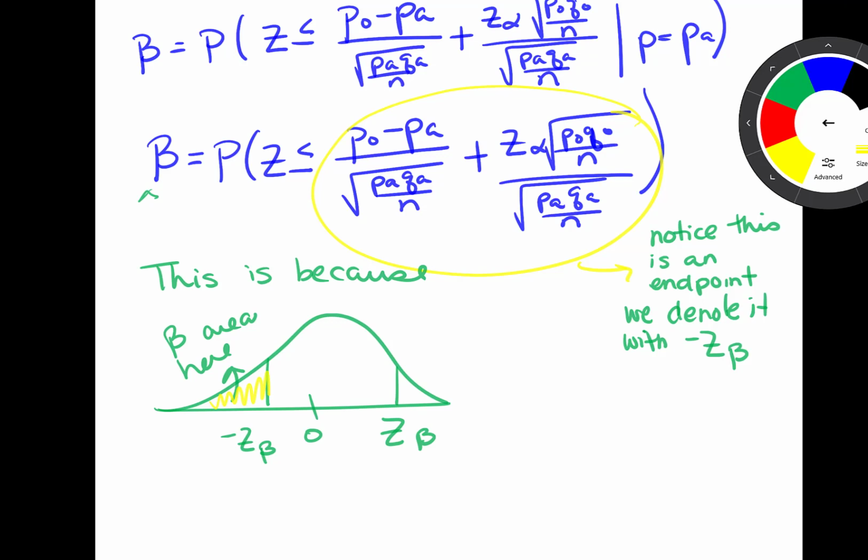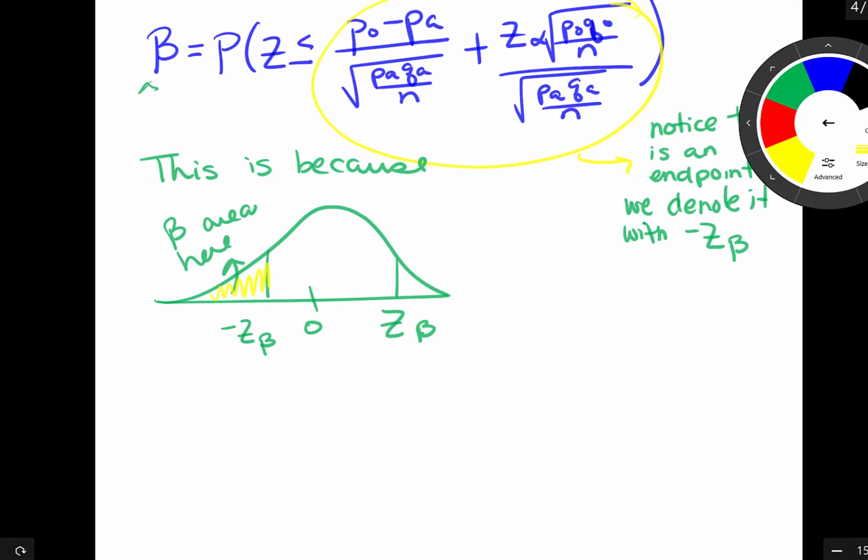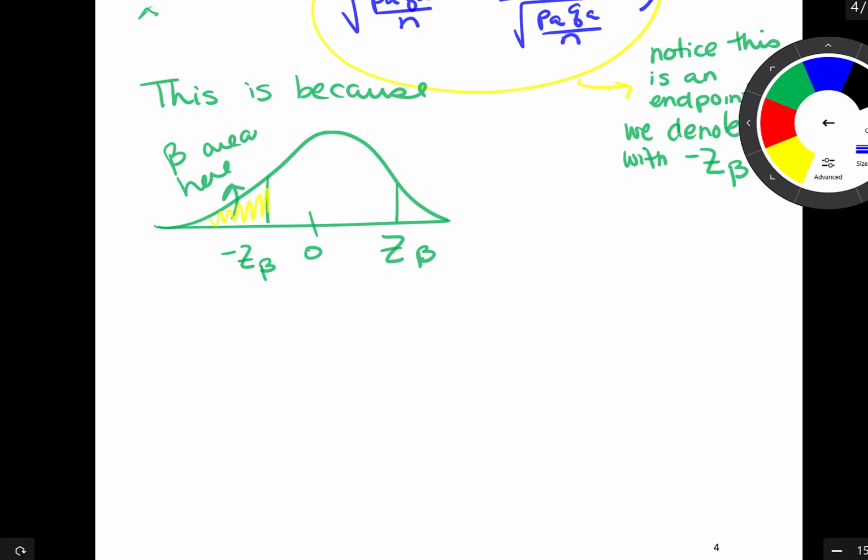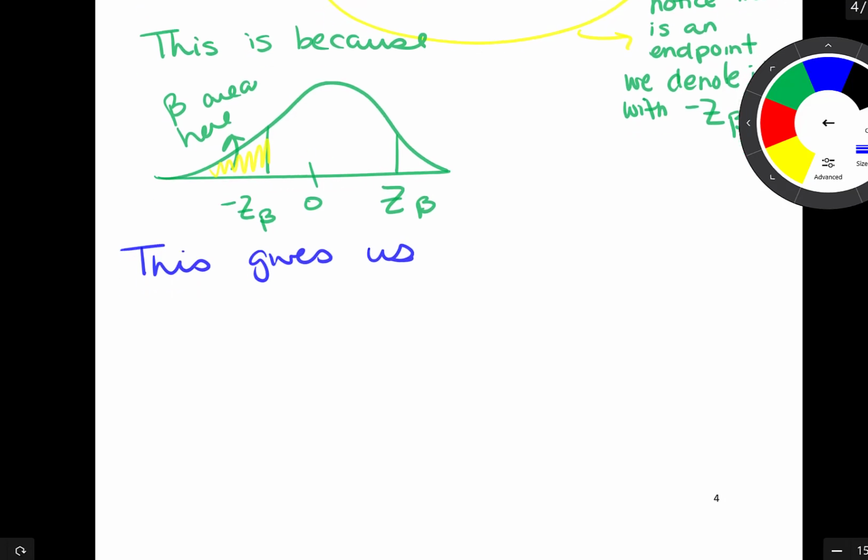So due to the symmetry, if Z beta has area beta to the right, negative Z beta has area beta to the left. So that's why we have the negative there. And so this is going to give us the following. We're just setting that endpoint equal to that piece of the probability that we said it was equal to up above.